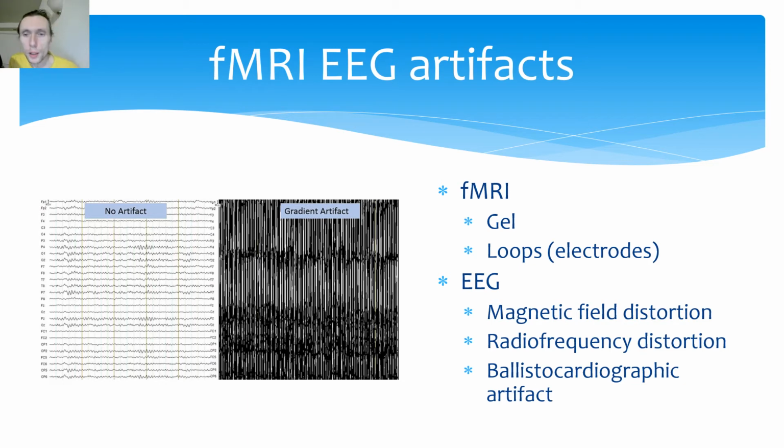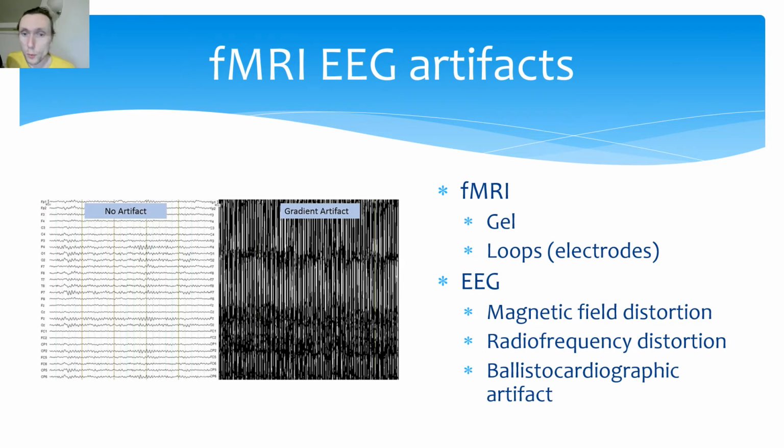However, always keep in mind that when you have a distorted signal and you try to correct for those artifacts, the signal that you will be left with is always worse than a signal that has no distortions at all, because you're basically manipulating your signal.